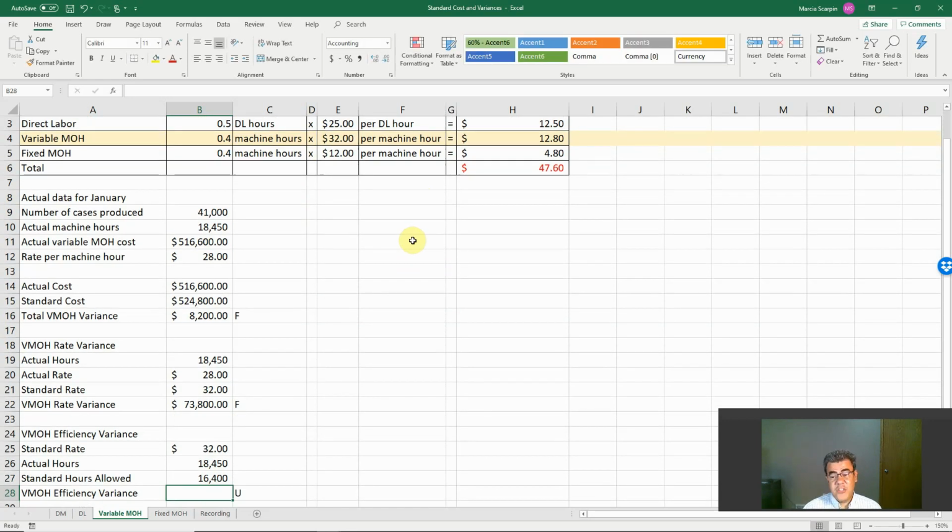So we use much more machine hours. Maybe we changed to a not so efficient machine, but with a lower cost. How much is our variance? Absolute difference of hours times our standard price.